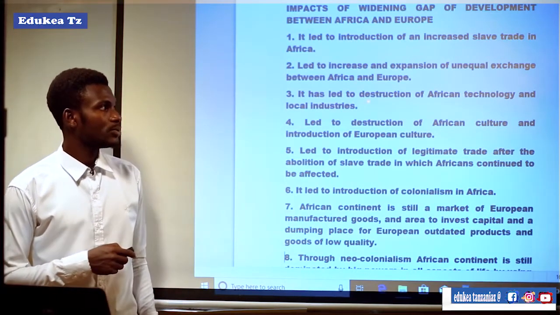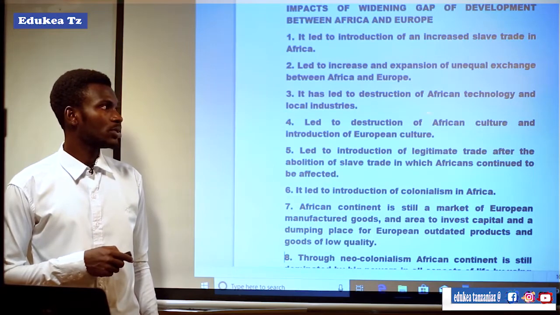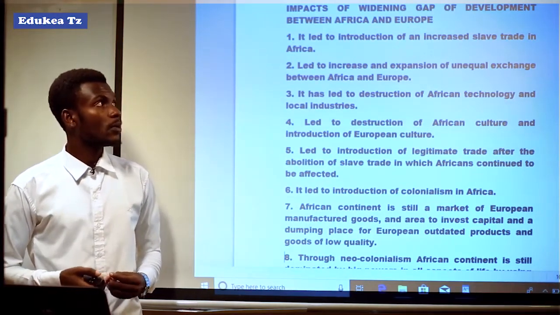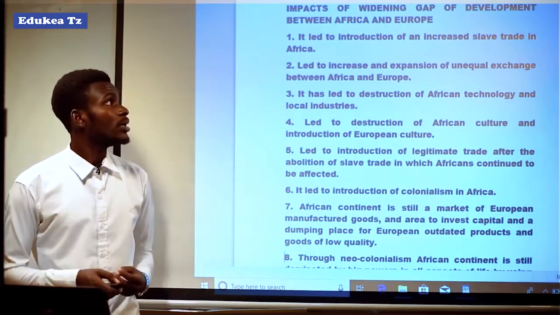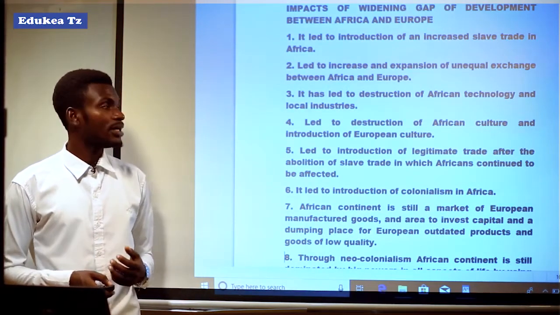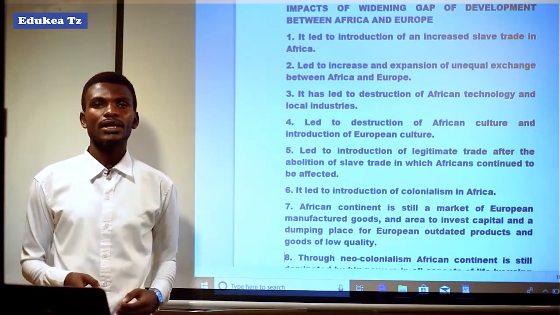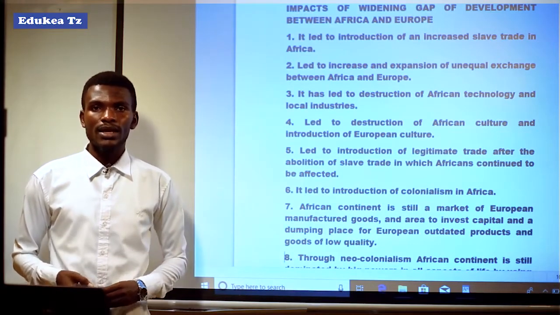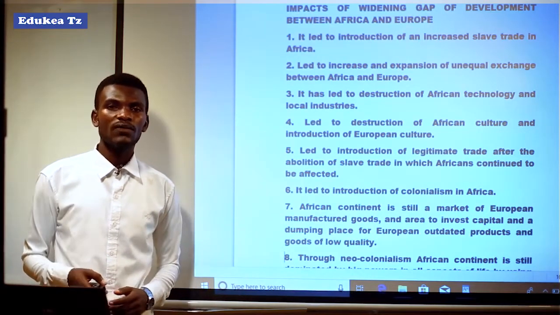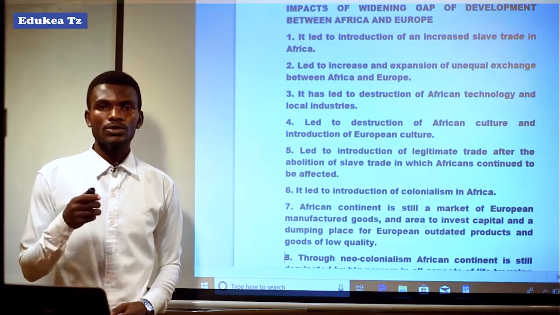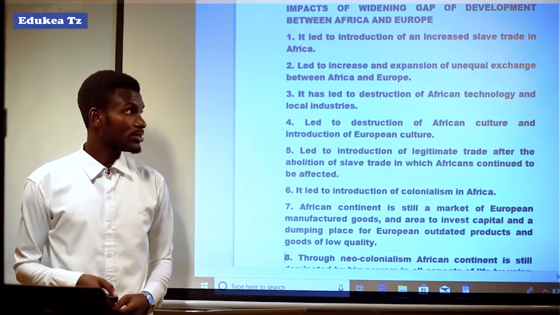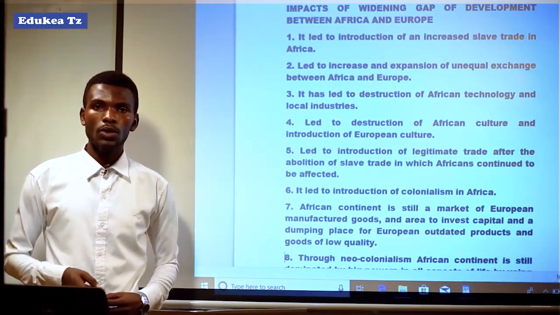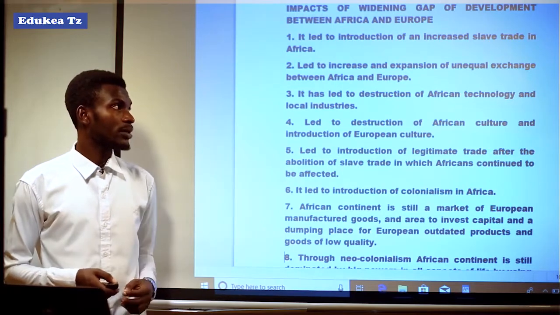Another impact is that it has led to the destruction of African technology and local industries. It means that the widening of the gap of development between Africa and Europe from the 15th century onwards has led to the destruction of African culture, African technology and the local industries. As a result of the long distance trade or transatlantic slave trade, many Africans were transported or uprooted from Africa to America.